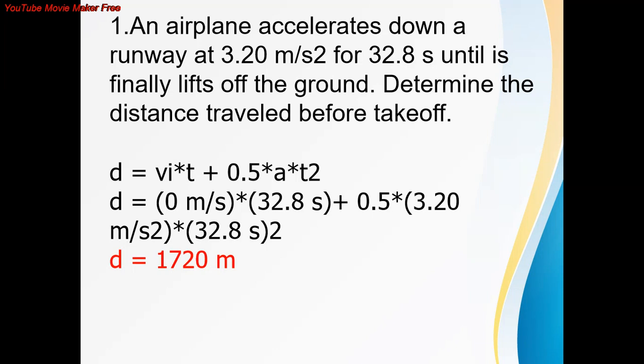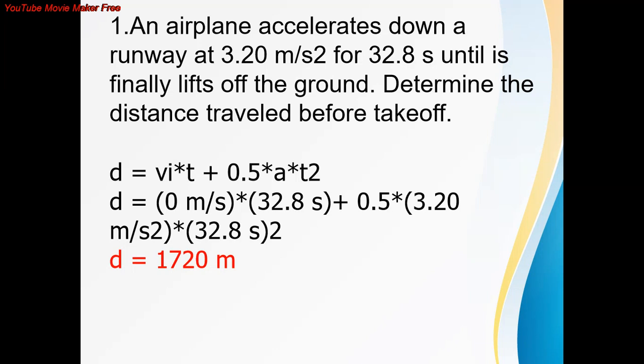Now to find the distance, we know the formula is s equal to ut plus 1 by 2 at square. Here the formula is given in another way, that is d equal to vi into t plus 0.5 into a into t square. This t2 is basically t square. Take it as t square, right?